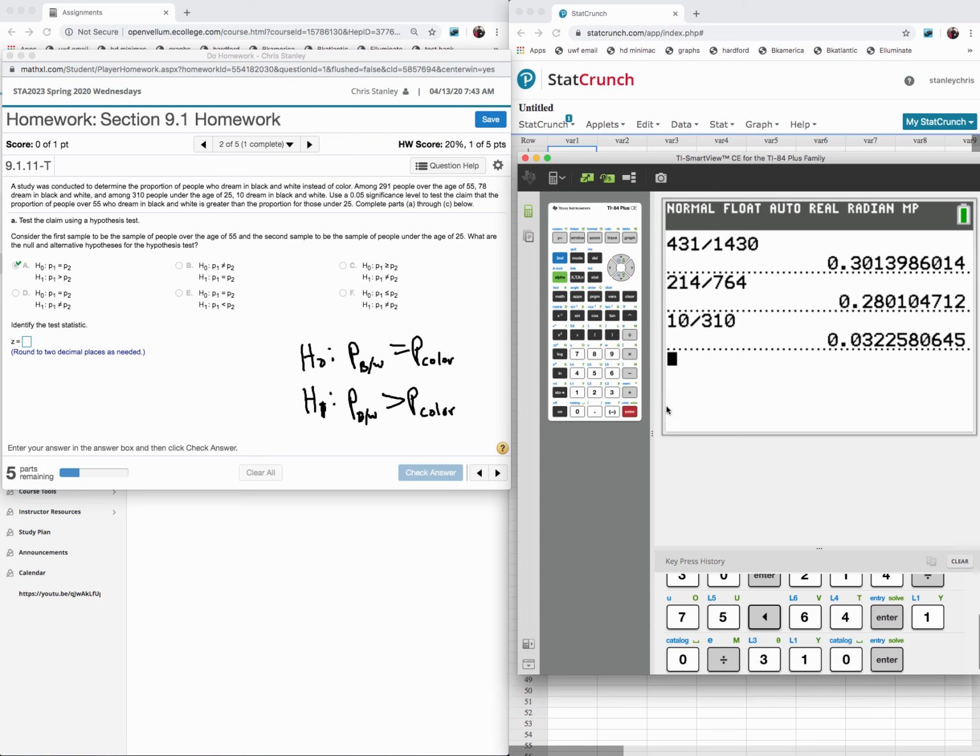So that's around 3%. Well, what about the people that are over 55? This isn't color. This is younger people black and white and older people black and white.